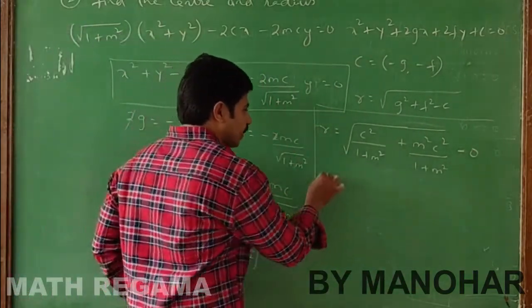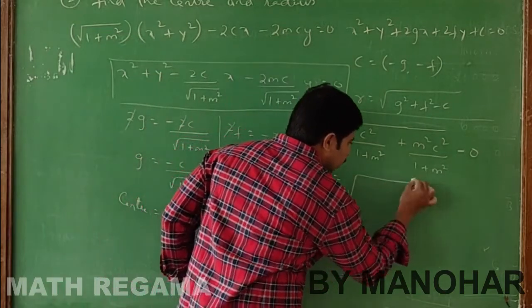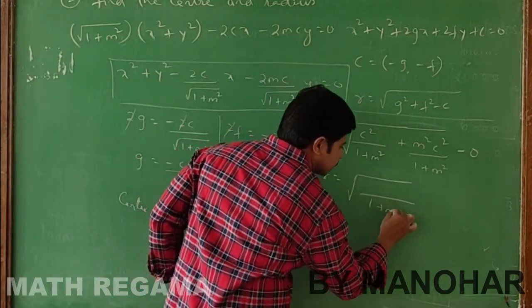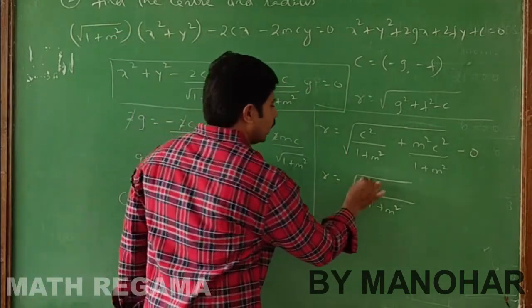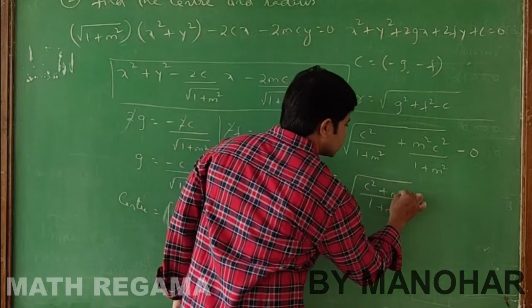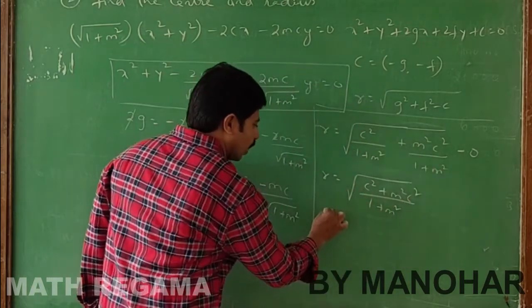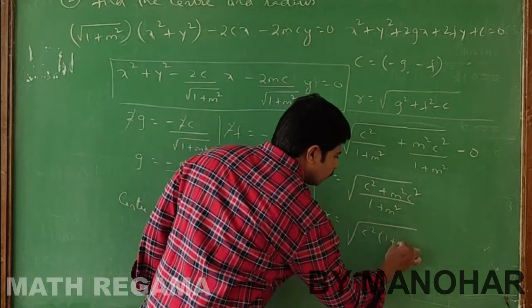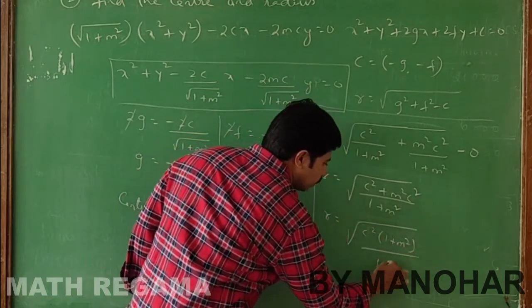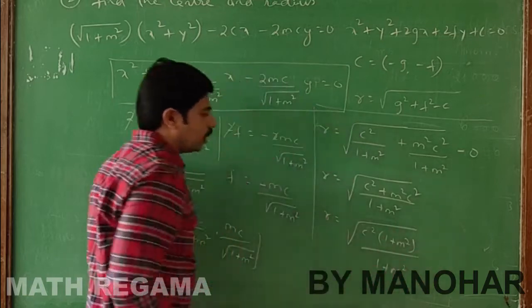Now I'll simplify this. r is equal to under root of, the common denominator is 1 plus m square. So just write the numerator, c square plus m square c square. So r is equal to under root of c square common, so we get 1 plus m square by 1 plus m square, everything in the root.